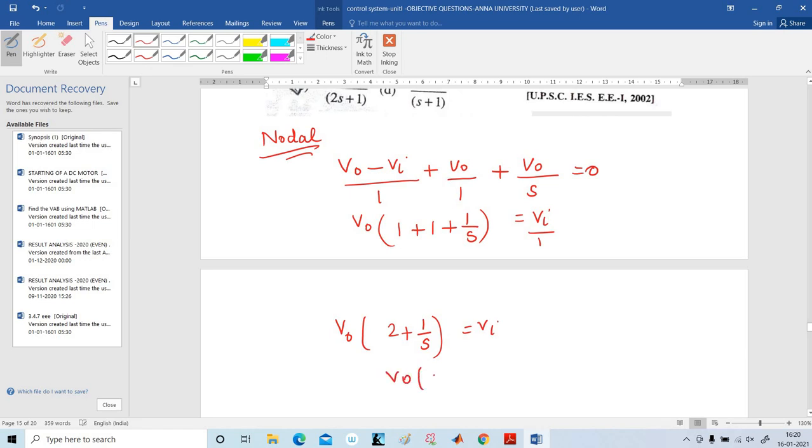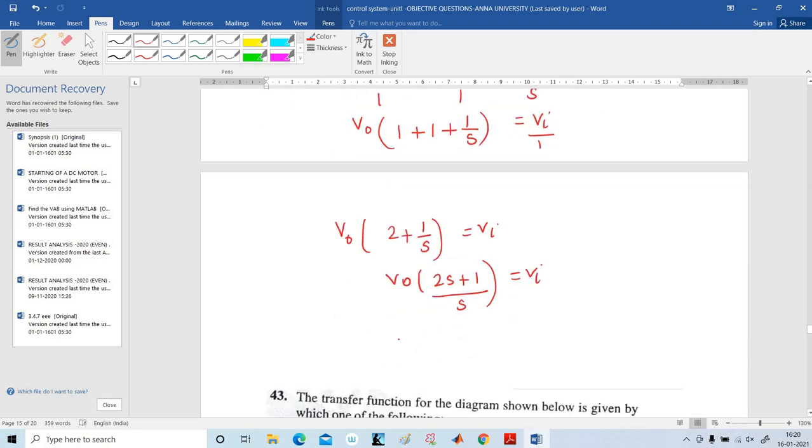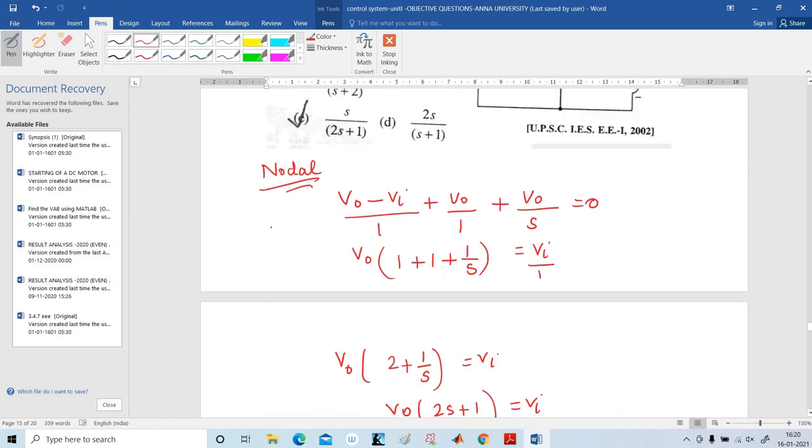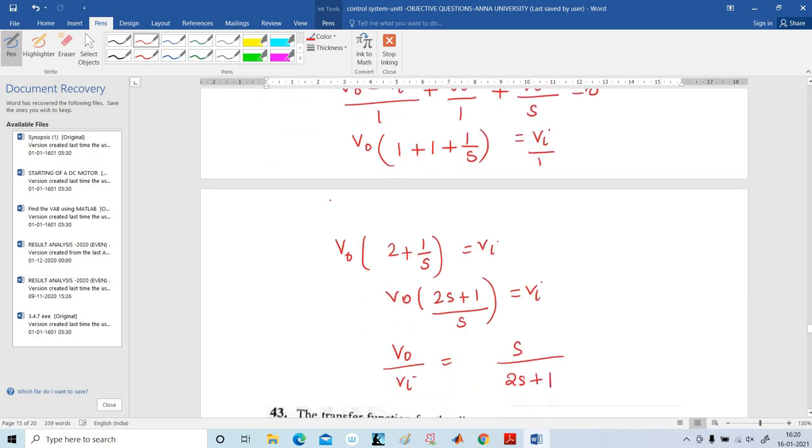V0 of 2S plus 1 by S, taking the LCM, equals Vi. Our next answer: V0 by Vi equals S by 2S plus 1. So S by 2S plus 1 is the correct answer, and option C is the correct answer.